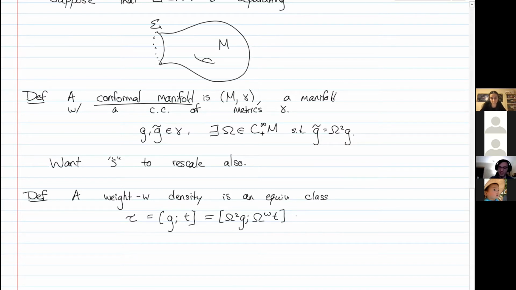Now, this thing lives in a particular space. It's a section of a particular bundle. In this case, it's just some arbitrary tensor bundle that lives on M. Oh, come on. That's supposed to be a T for tensor, not T for tangent. A tensor bundle that lives on M, and we say that it has weight W. So this is the notation that we use.